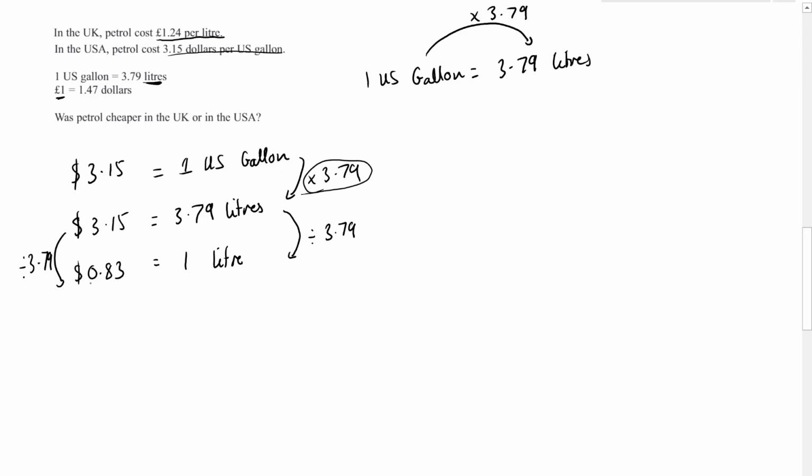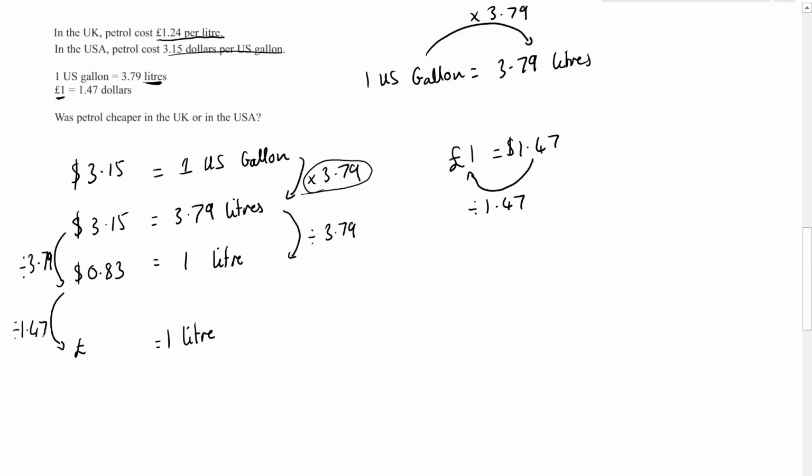And now I want this to be pounds per litre, so I need to see that 1 pound is equal to $1.47. And so in order to exchange from dollars back to pounds, I'm dividing by 1.47. So I'm going to do that here to get it into pounds, and on this side, it's going to stay the same as just 1 litre. The amount hasn't changed, but I'm going to divide this by 1.47.